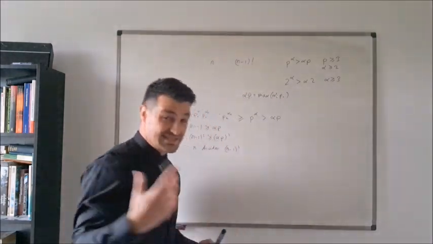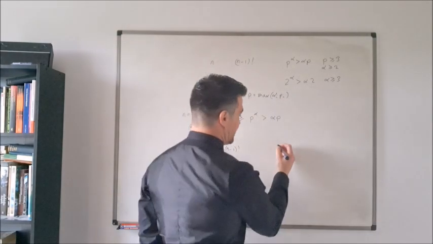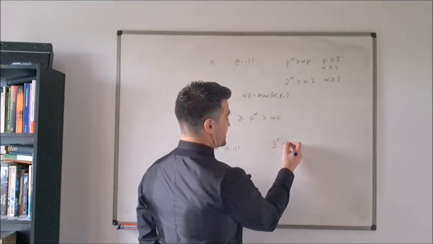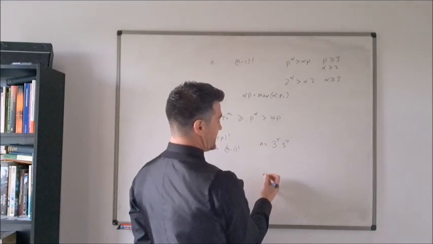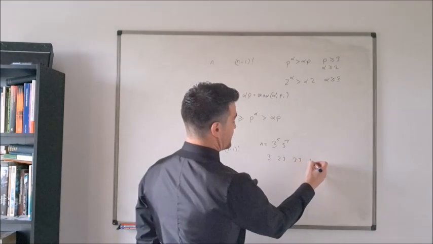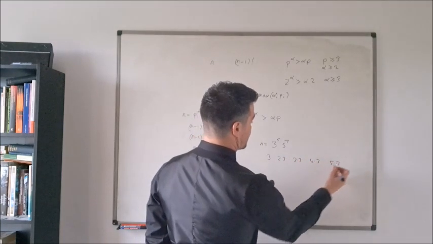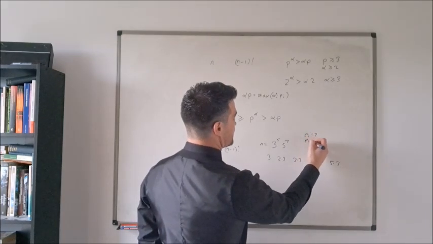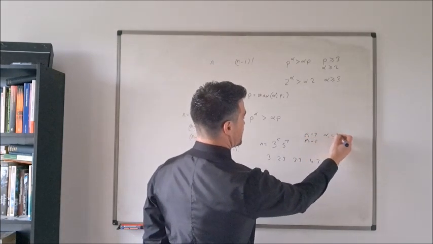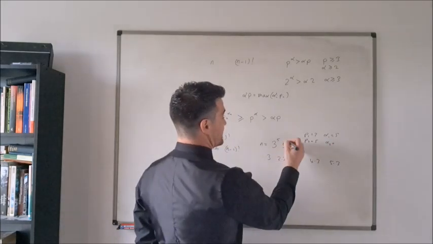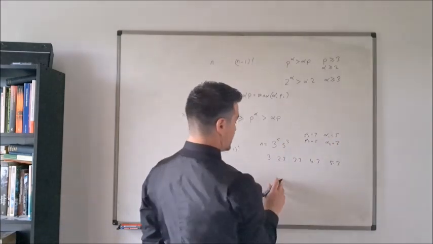I'll give you a simple example to show how that can happen. If we take, for example, 3 to the power of 5 times 5 to the power of 7, we get 3, 2 times 3, 3 times 3, 4 times 3, 5 times 3. In this case P1 is equal to 3, P2 is equal to 5, alpha 1 is equal to 5, alpha 2 is equal to, not 7, sorry, 3.